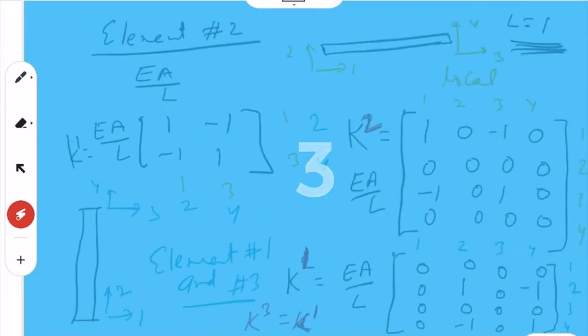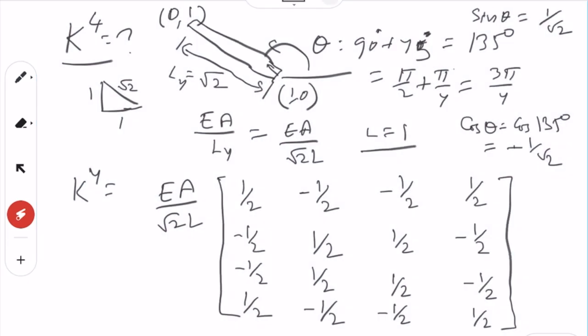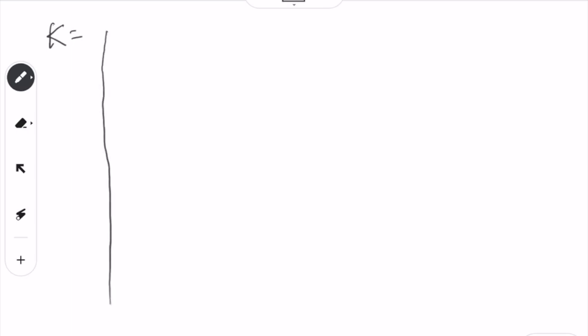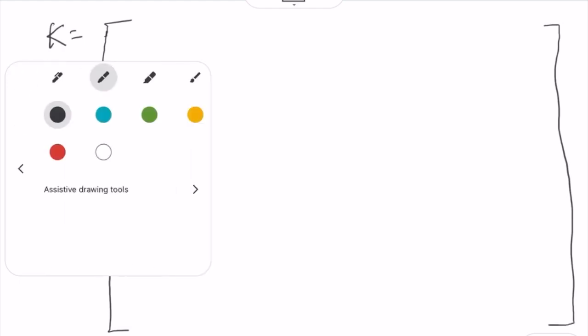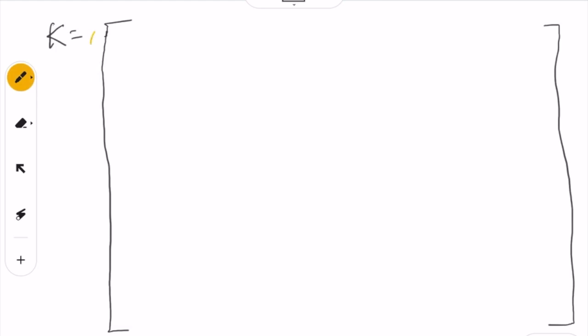Okay, so let's do it. So big K, we are going to assemble all of them. So let's write K equal to, and make a big one. And I will write also 1, 2, 3, 4, 5, 6, 7, 8.